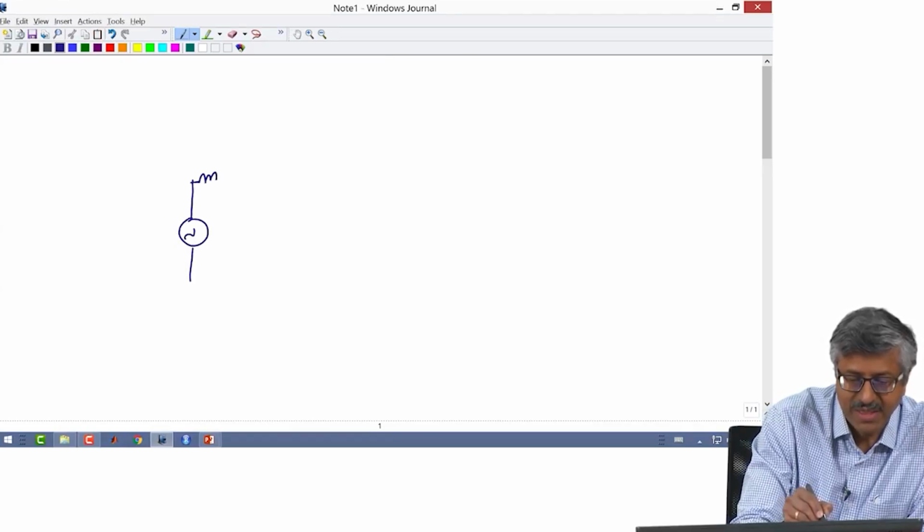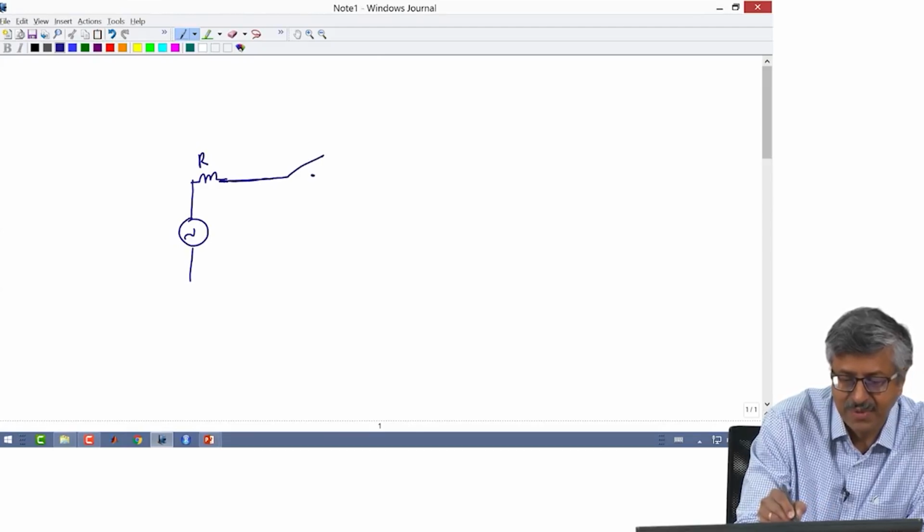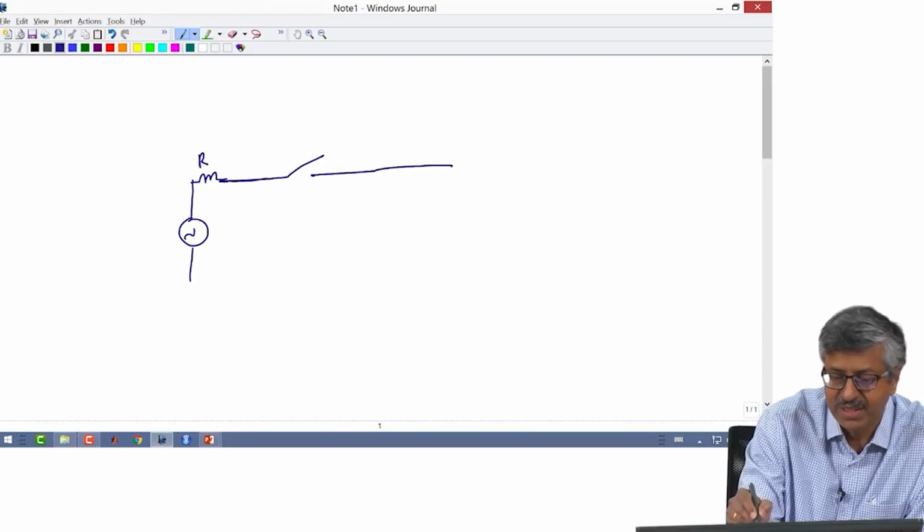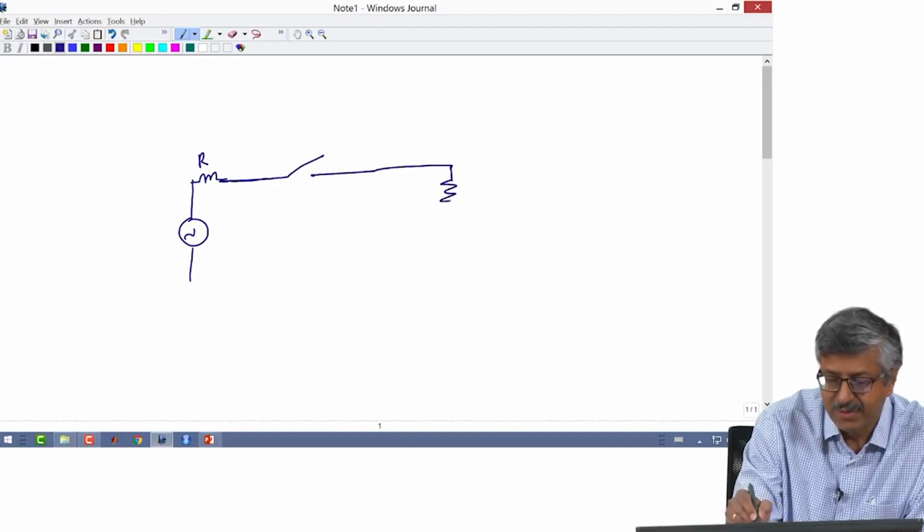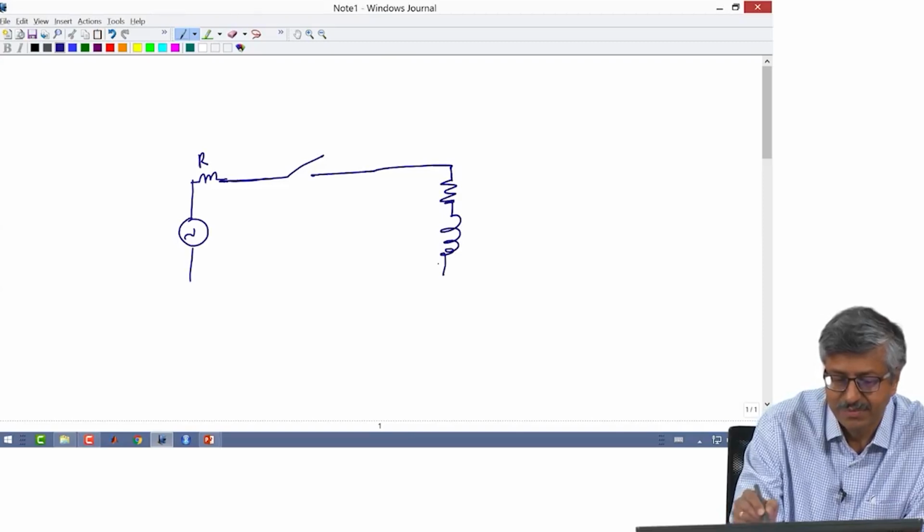It has some internal impedance, let us represent it by R. So this source is connected to a load by a switch. Then you have certain resistance and inductance for the load.